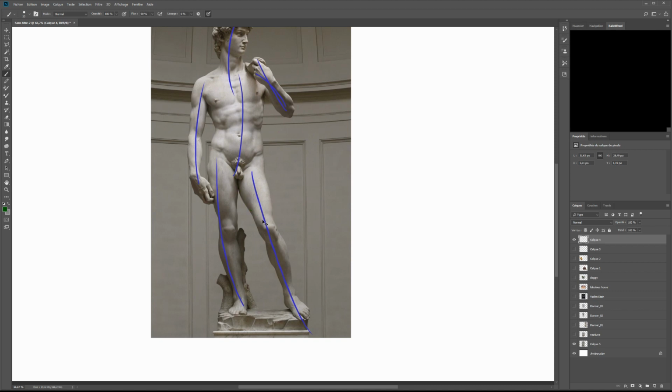I'm gonna take something brighter. On the leg you have one curve here, and you have its opposite there, and another one here and the opposite there, and one on the ankle, etc.